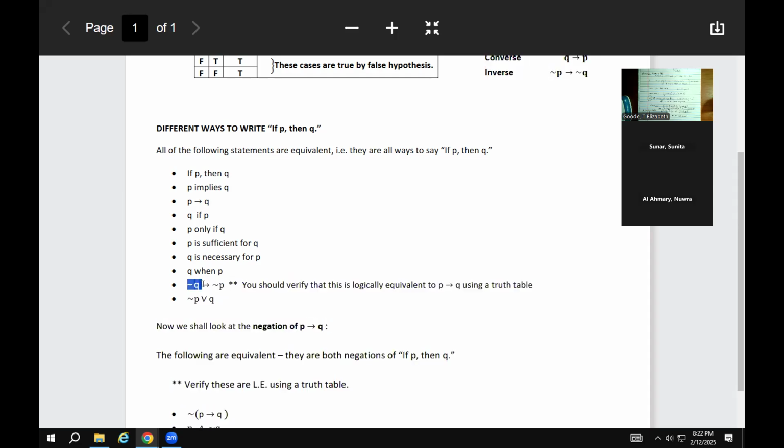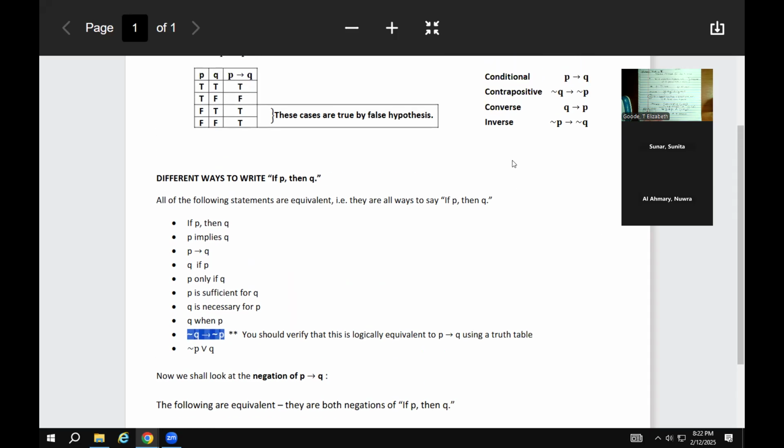And here's the contrapositive. We've been using that in this exercise. If P then Q means if not Q, then not P. That is the contrapositive. Up here you can see the original conditional has these sisters.